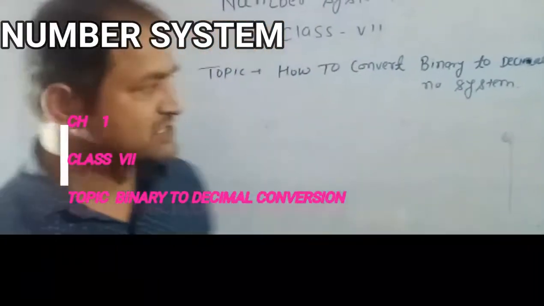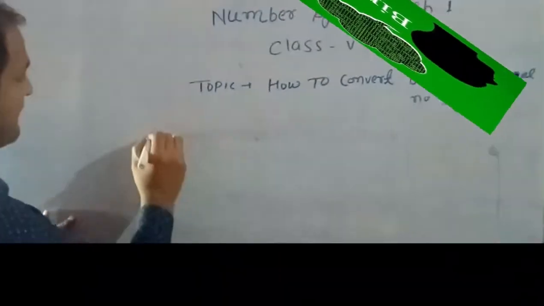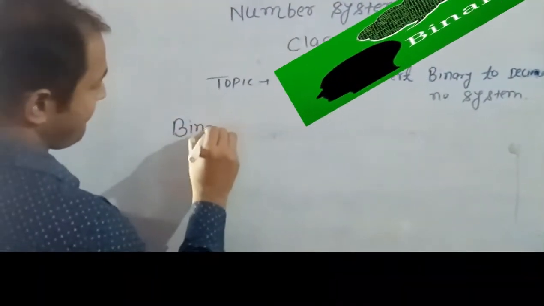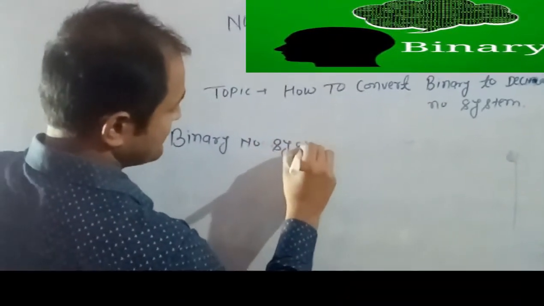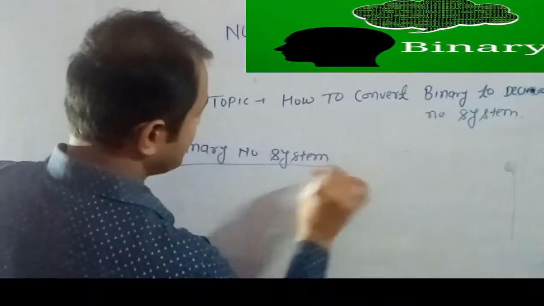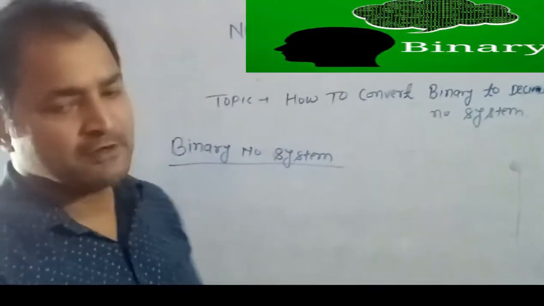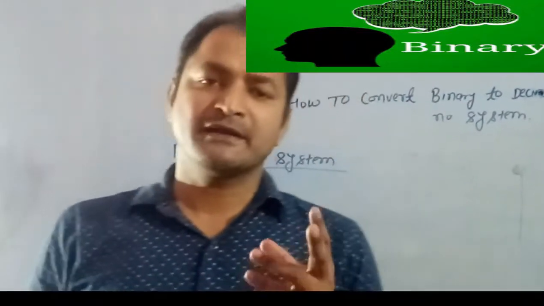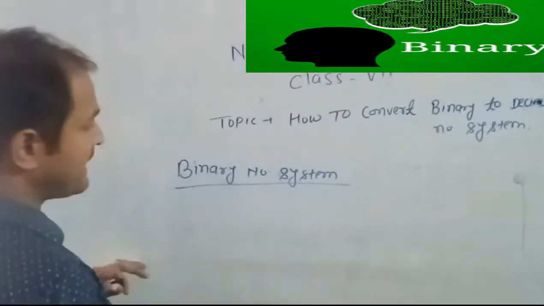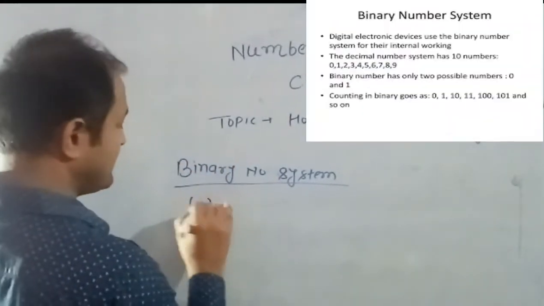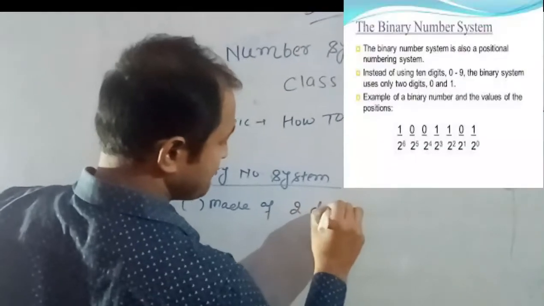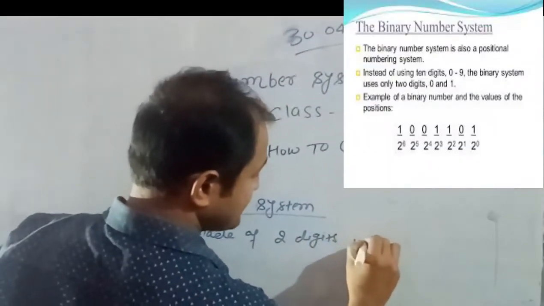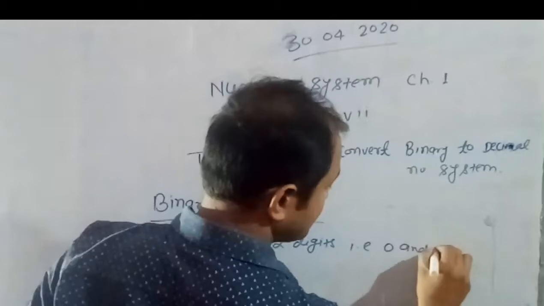My dear students, first of all I discuss the binary number system. The binary number system is made of 2 digits, that is 0 and 1.